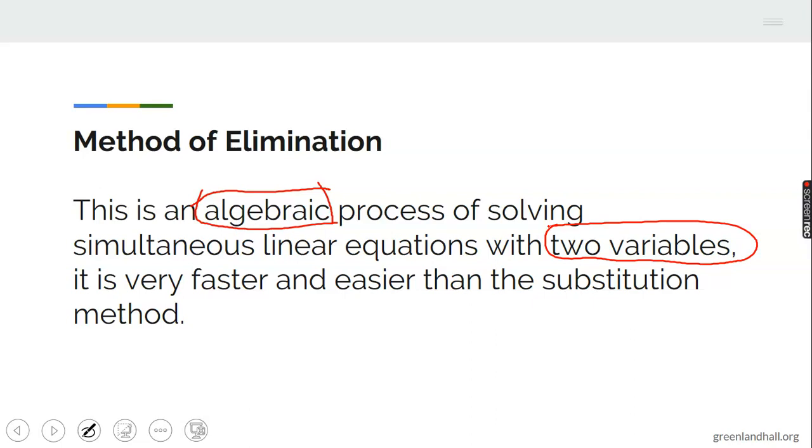When you are asked to solve the following pairs of simultaneous linear equations, and the method to be used is not stated, you can use any method of your choice. I repeat myself again. When the method of solving is not stated by your teacher, you can use any method, be it graphical, be it algebraic, which is the elimination and the substitution method. But if it is otherwise stated, follow what is stated. Okay?